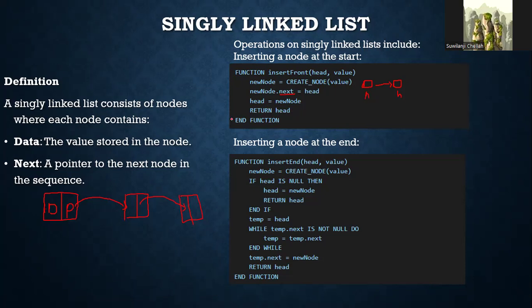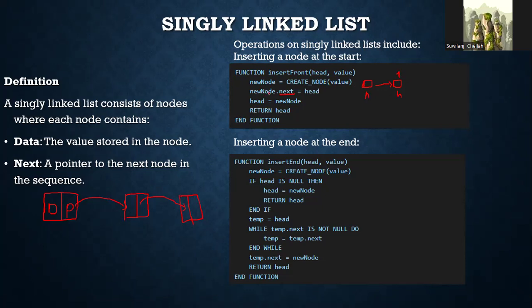Then we return the head. I know this is confusing. It's even confusing me as well, so just bear with me. Let's use numbers. What we're saying is that we created a new node with a value of 1, right?